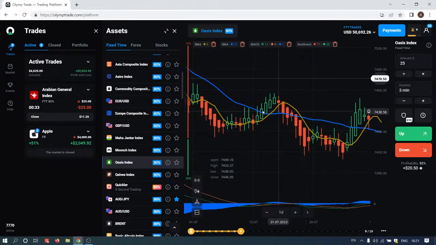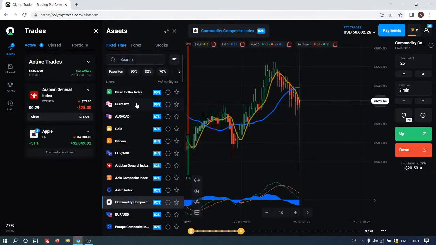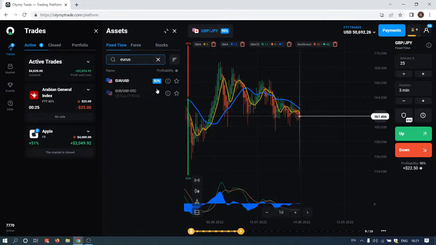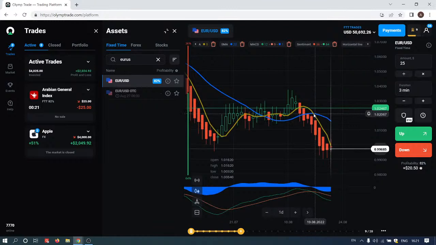Because maybe Oasis Index is not the best forex trading tool, but even if you look at the Euro USD, I will just show you a few examples here. This is the signal, basically. The signal came here, and now we are trading here. That could have been like plus 200-300% profit already by now, maybe even more.